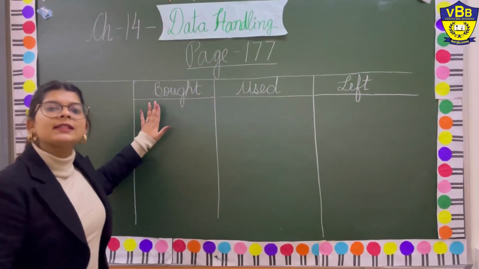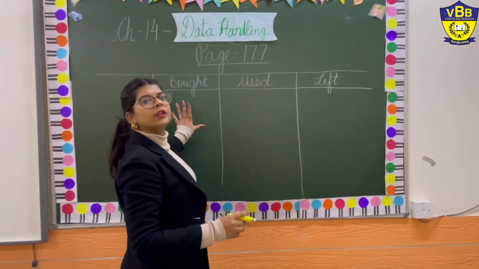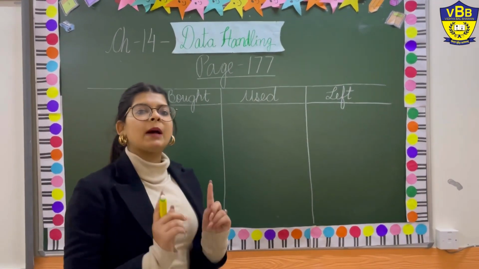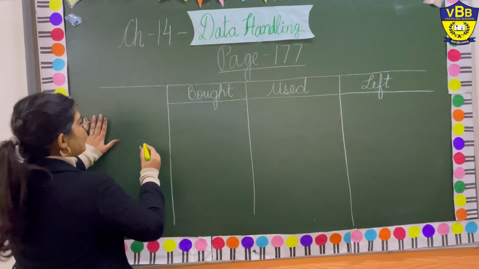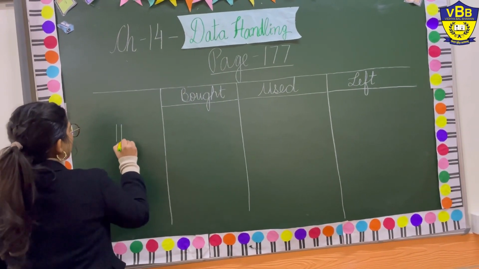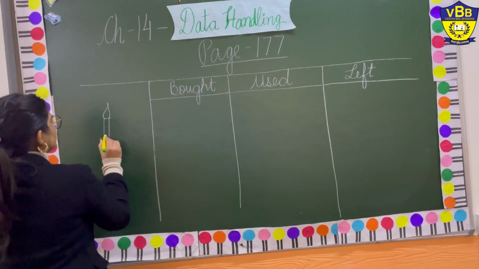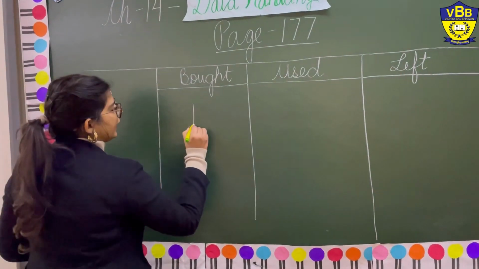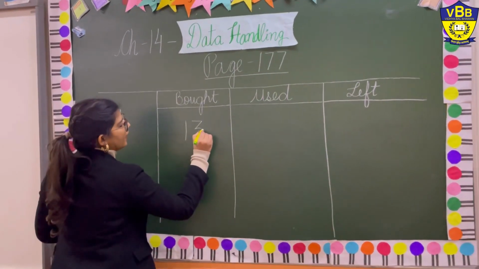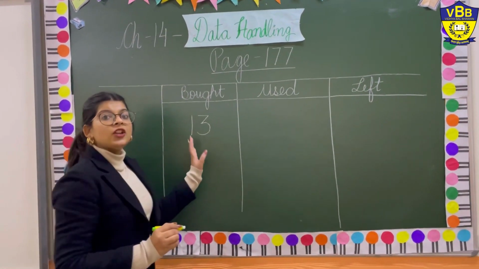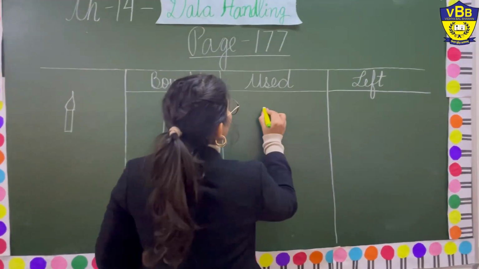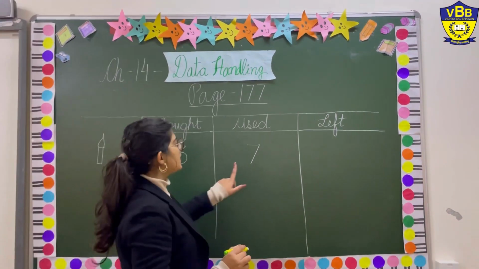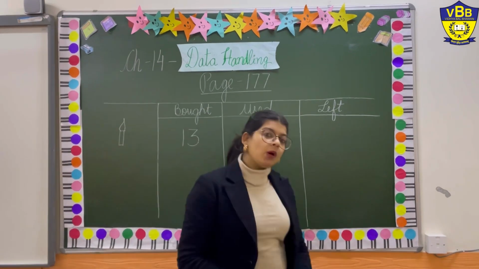As we did the same for the diyas, now we are going to do it as we counted the number of candles. How many candles were there? 13. And she used 7 of them. So how much is left?